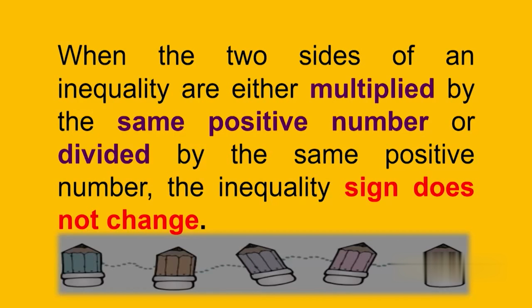When the two sides of an inequality are either multiplied by the same positive number or divided by the same positive number. Remember that when we divide or multiply by a positive number, the inequality sign does not change. Remember it. Now, you have learned an important fact in the inequality lesson.